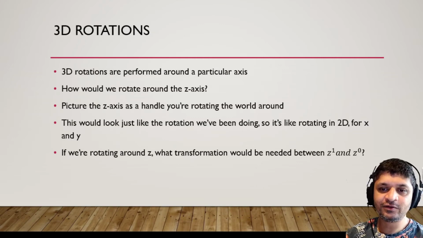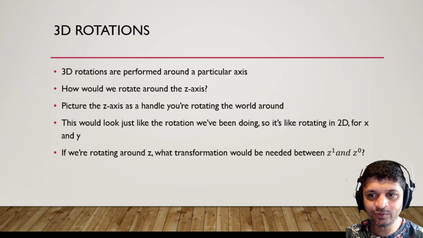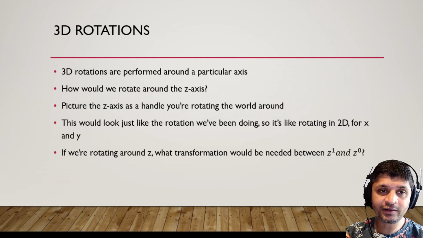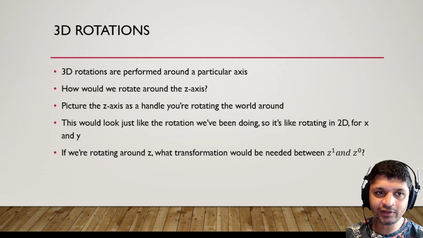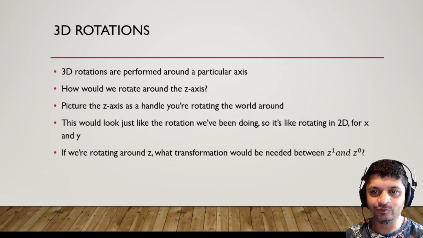Okay, so that was pretty cool, except that our drone was in 3D, right? So how do we do this transformation in 3D? Well, the important thing is that we record 3D rotations as rotations around a particular axis. We don't rotate in 3D space all at once. We rotate around a particular axis, or we rotate a particular plane.